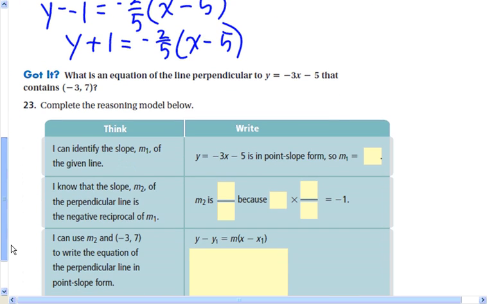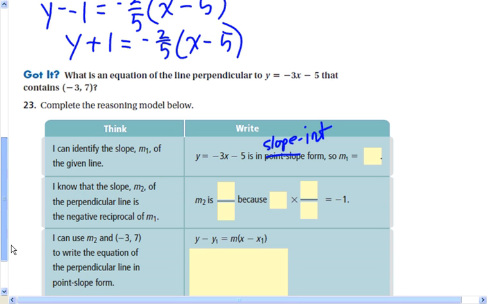Try one more here. Got it? What is an equation of a line perpendicular to y equals negative 3x minus 5 that contains the point negative 3, 7? So this equation says point-slope form. I don't buy that. Let's change that to slope-intercept form.